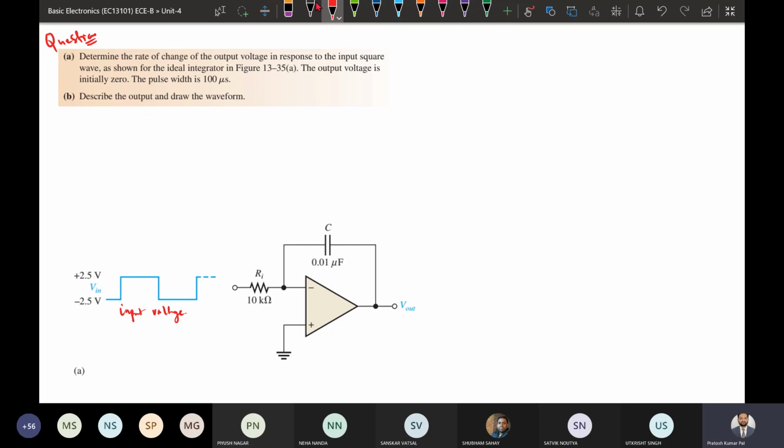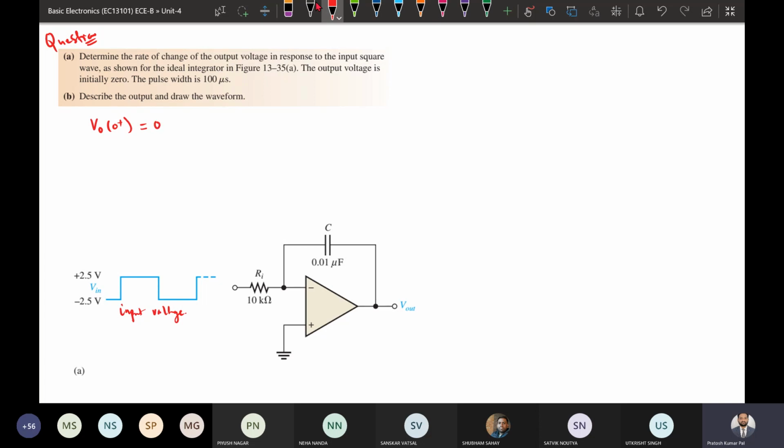We need to determine the rate of change of output voltage in response to the input voltage that we are applying, and the output voltage is initially 0. So V output(0) that we have seen in the expression is given as 0.